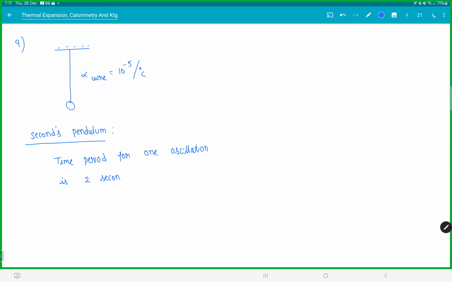So it takes 2 seconds to complete the oscillation. That is called a seconds pendulum. So you have constructed a clock which works properly at 30 degrees. At 30 degrees, the pendulum clock gives you accurate time.